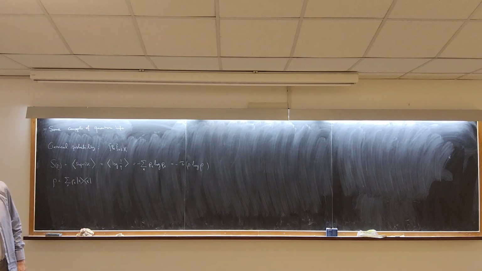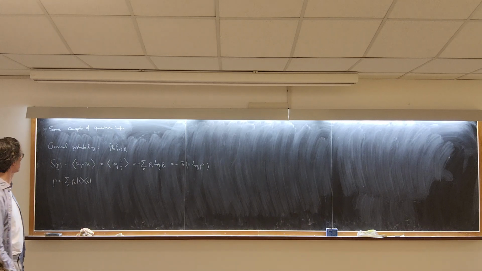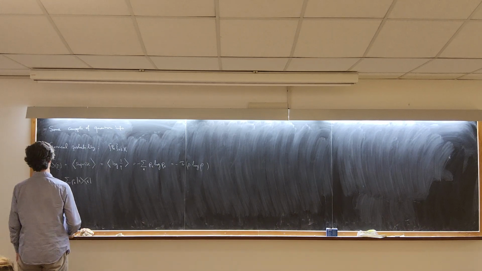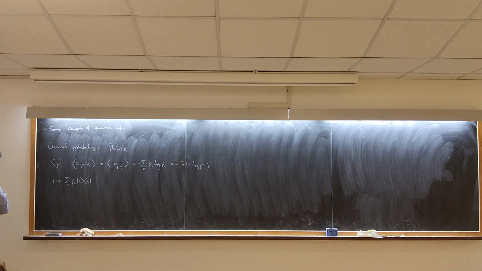Now there is a related concept called the relative entropy. The way that I explain it to myself is that nobody knows the true probability distribution of anything, even classically. We just have some opinion about it.